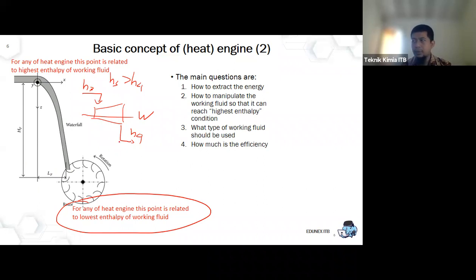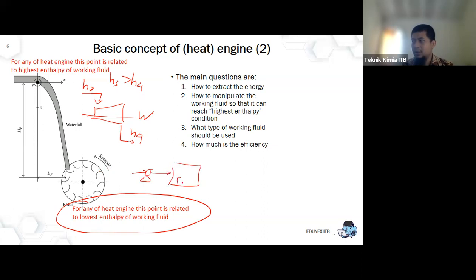What the main questions are: how to extract the energy? What kind of working machinery should be installed there? And then how to manipulate the working fluid so that it can reach the highest enthalpy condition. That's why for the steam turbine, what should we do? Suppose we pump it, then what should we do?